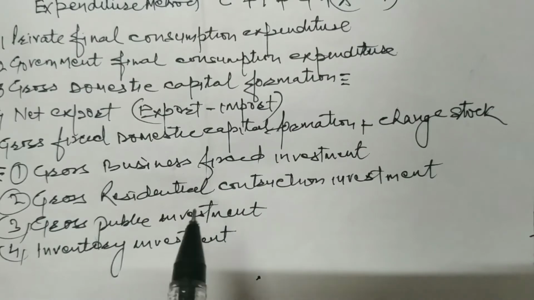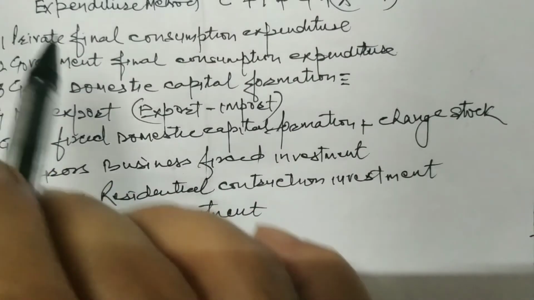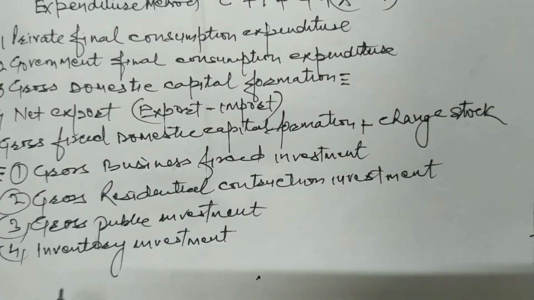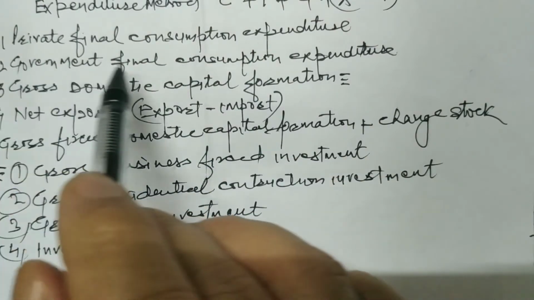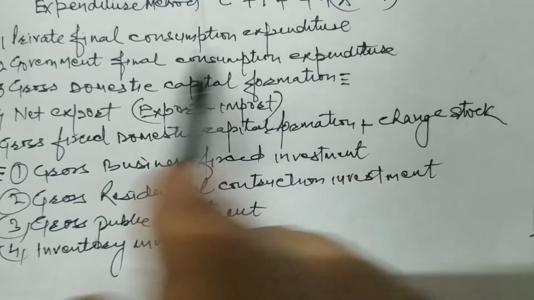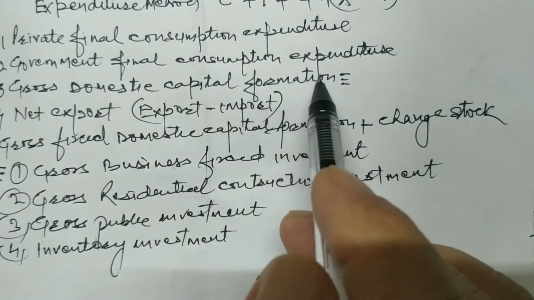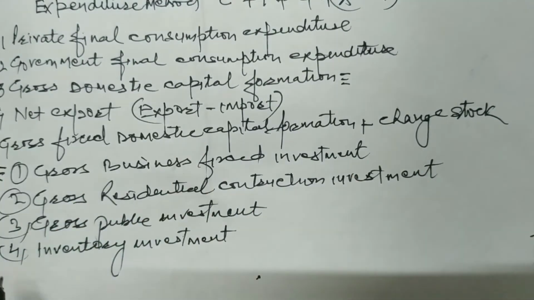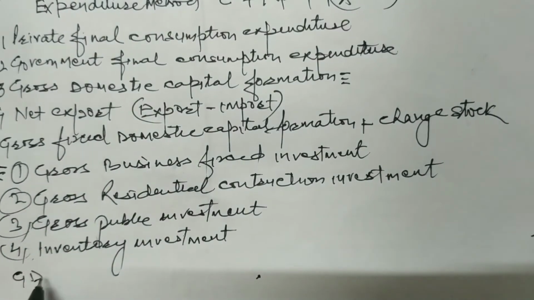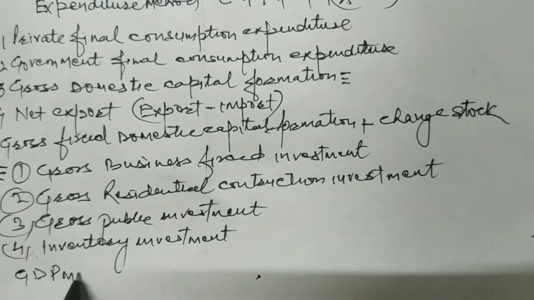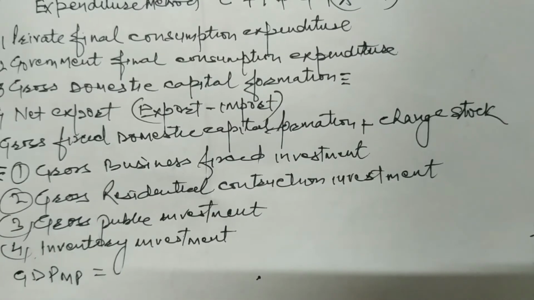So if we add these components, that is private final consumption expenditure, government final consumption expenditure, gross domestic capital formation, net export, we will have GDP at market price. Why GDP at market price?